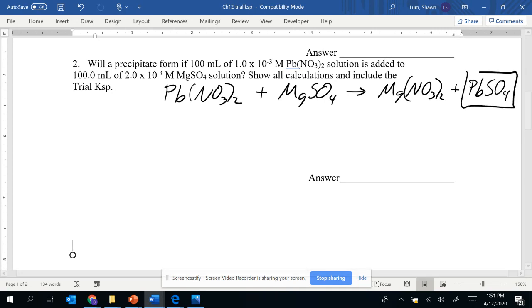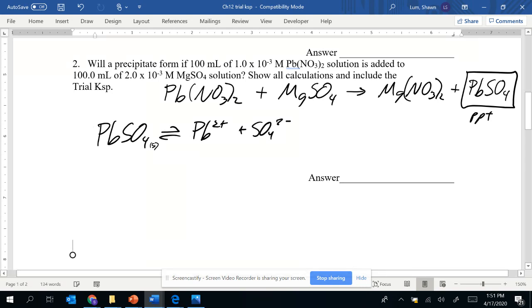This right here is our precipitate, so that's what we're interested in. Everything else that is not part of PbSO4 is just going to be a spectator. So my KSP expression should actually be KSP of PbSO4, Pb2+ and SO4 2 minus.